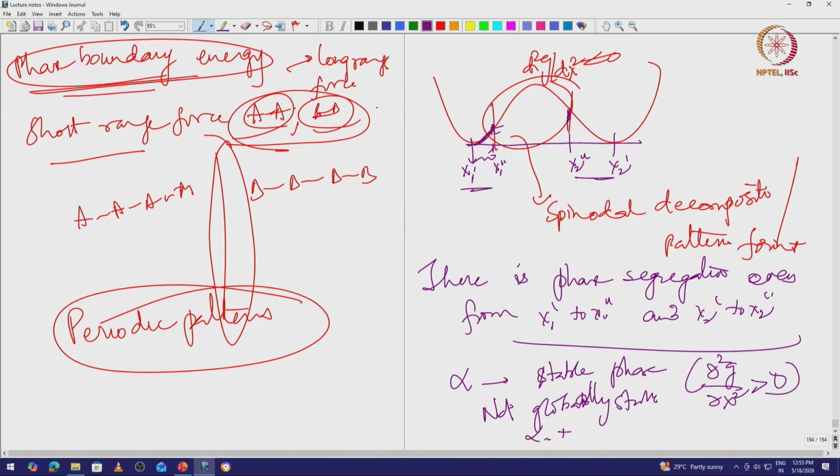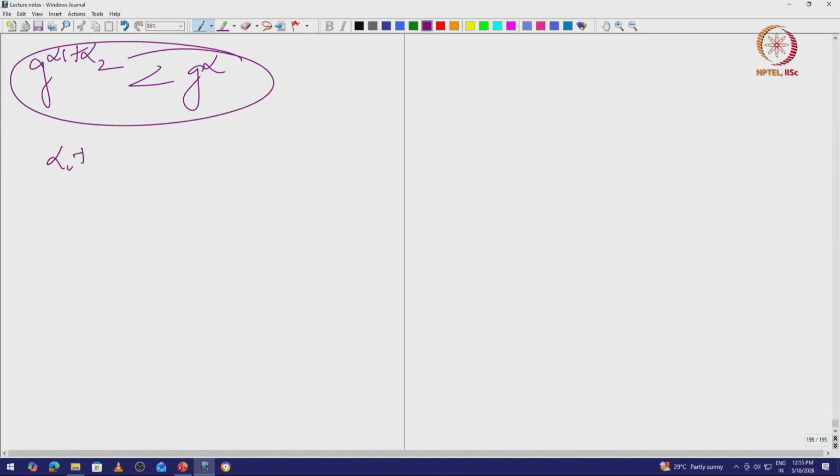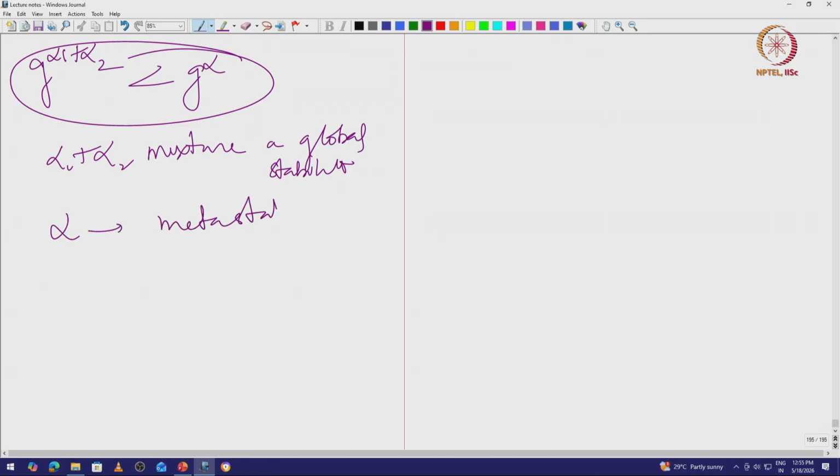So, alpha 1 plus alpha 2 is globally stable. Okay, if it splits up into alpha 1 and alpha 2, the g of alpha 1 plus alpha 2, as we have shown earlier, is less than g of alpha, right. So, this gives alpha 1 plus alpha 2 mixture a global stability, but by itself alpha is a metastable state, right. It is not an unstable state.